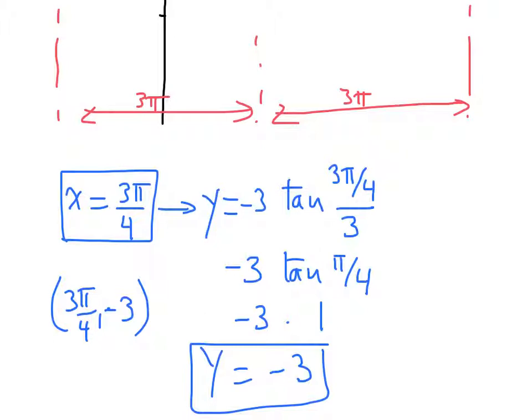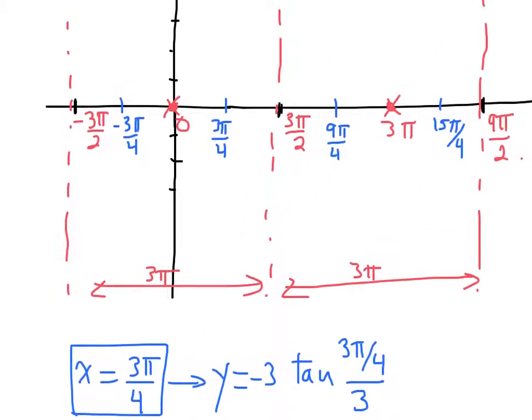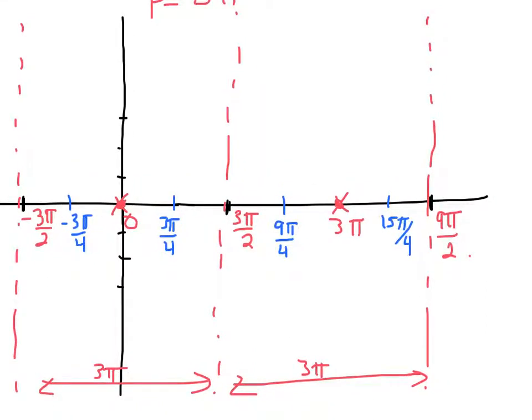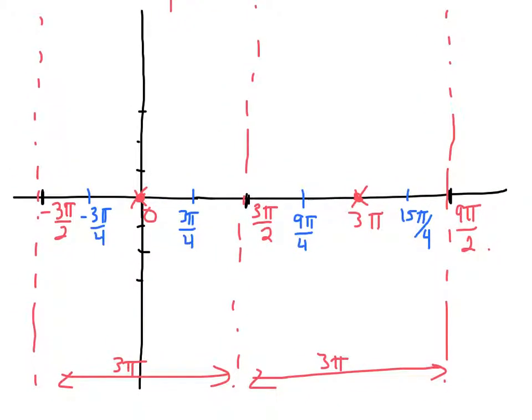Let's go back to the graph and see where that point is. So if I go back to the graph, 3 pi over 4 gave me negative 3. So this is a point right here where the graph is going to cross. This is negative 3, this is 3 pi over 4. Here, obviously because it's symmetrical, it's going to go up to positive 3.